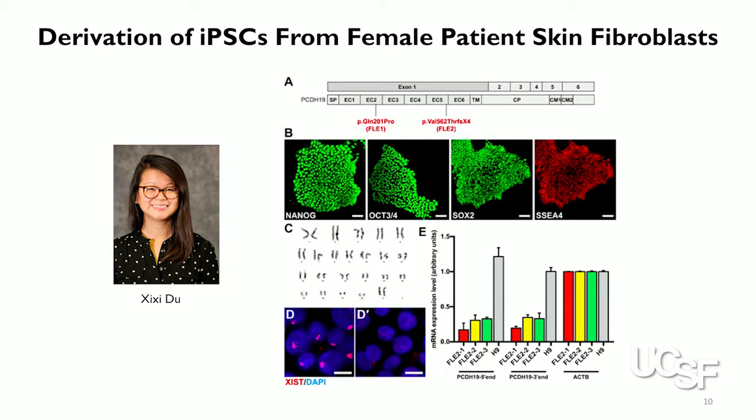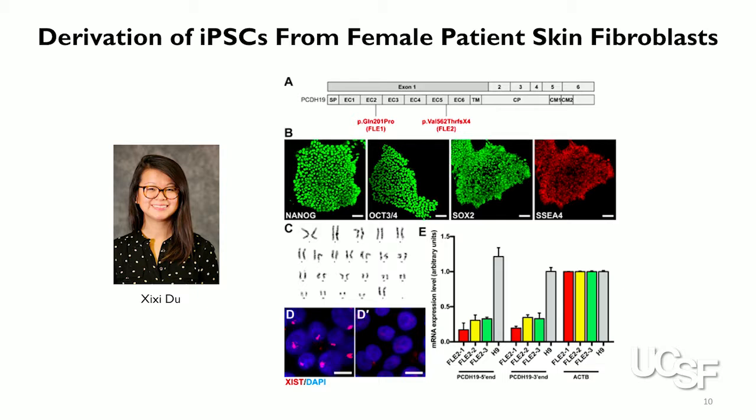Thinking about X chromosome inactivation, you should see a reduced level of PCDH19 compared to the wild type control stem cells, as shown here. These are three different lines, and this is the control, with two different primer sets targeting the beginning and the end of the PCDH19 transcript.